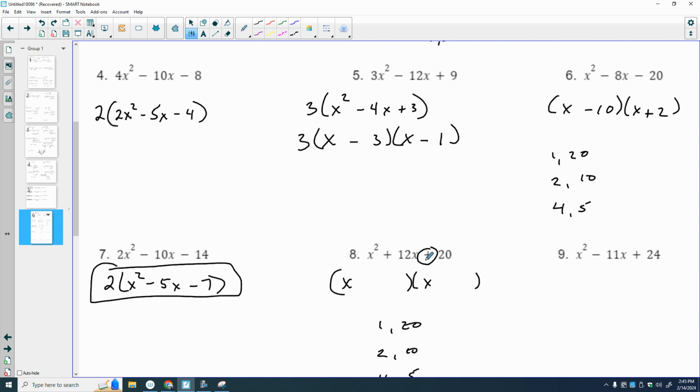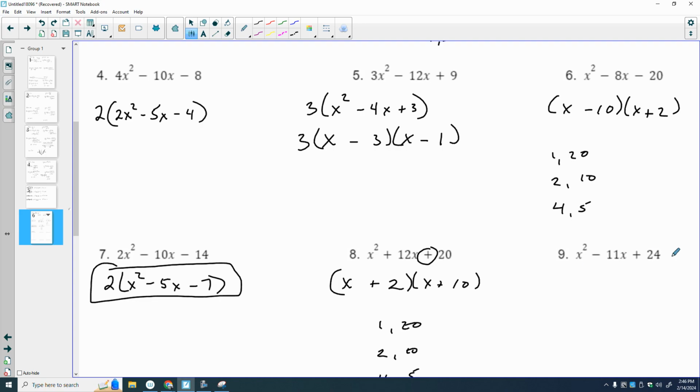Now I'm adding to get 12 because this is positive, so my like terms will have the same sign. So what numbers work? 10 and 2. But now they're both positive so that I get a positive 20 and a positive 12. 2 times 10 is 20. 2 plus 10 is 12.